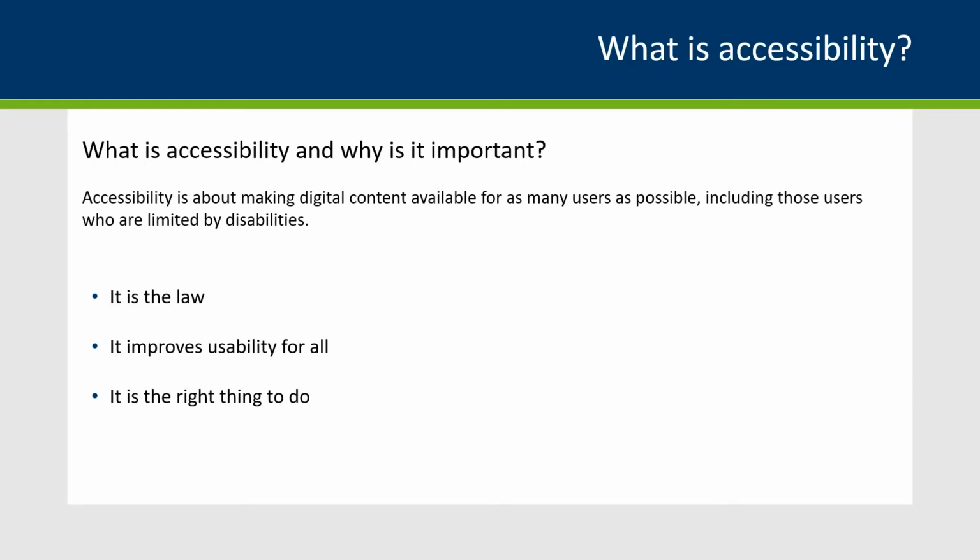Very basic. So, what is accessibility and why does it matter? Accessibility is about making content available to as many users as possible, including people who are limited by disabilities. For example, a visually impaired user might depend on the screen reader and keyboard to become their eyes.